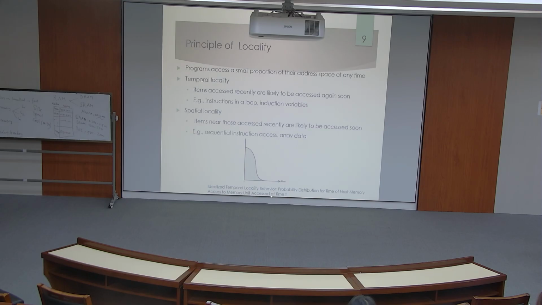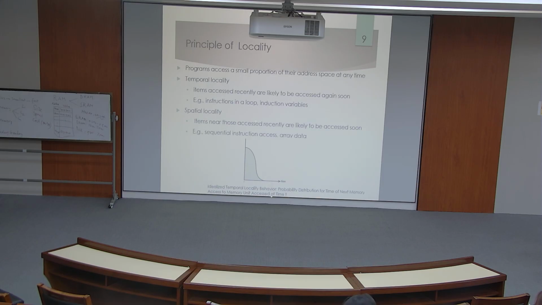For temporal locality, items that are frequently or recently accessed have a higher probability of being accessed in the near future. If an item is accessed at time t1, there is a higher probability that it will be accessed again and again. This is, for example, an instruction in a loop or an induction variable.